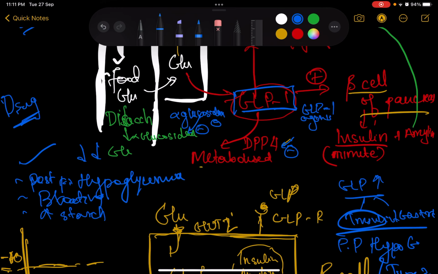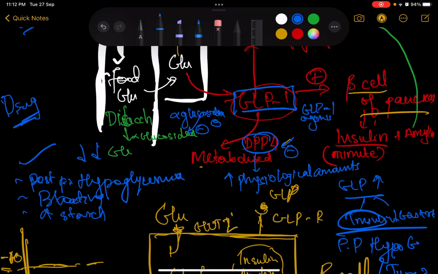Sometimes we give GLP-1 agonist medications in such an amount that gastric emptying is very compromised, really reduced, and that leads to bloating. But a DPP4 inhibitor is only going to increase it to physiological amounts. Those physiological amounts can be a good amount to tackle diabetes. So therefore, it does not have bloating as such.